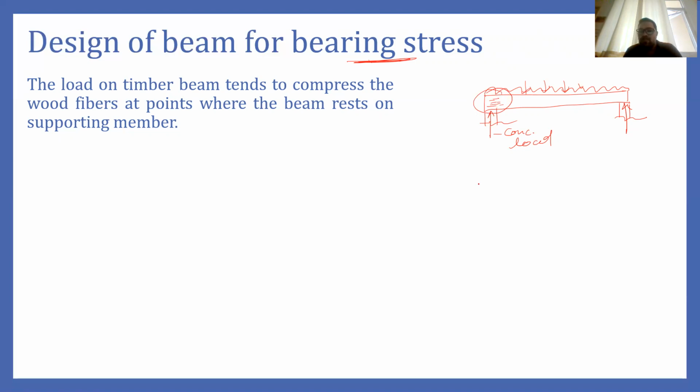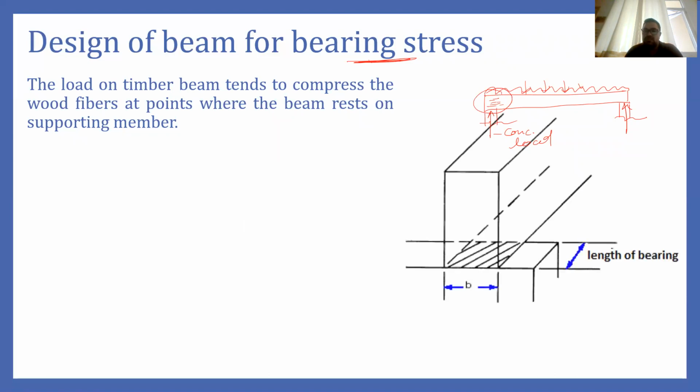Therefore, for this condition, what is required is sufficient bearing area on which the beam is resting. Now bearing area is what you can see in this diagram. For example, this is our beam and it is resting on the support. So width of support is actually known as length of bearing, and this is the width of beam. This is the depth of beam.